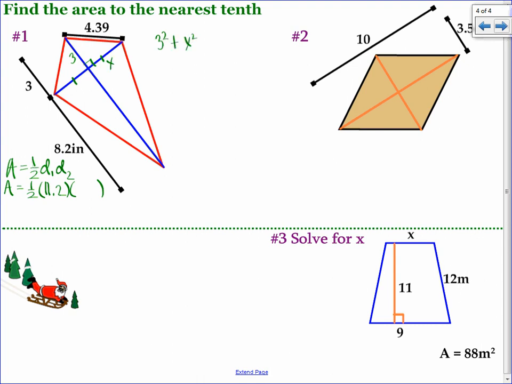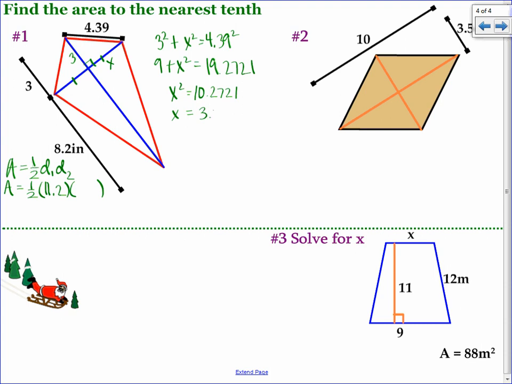Help me out with that 4.39 squared. Give me all the decimals. 19.272. Okay. Subtract 9. And square root. Okay, so pretty close to 3.2.